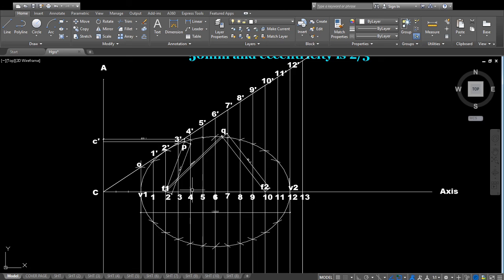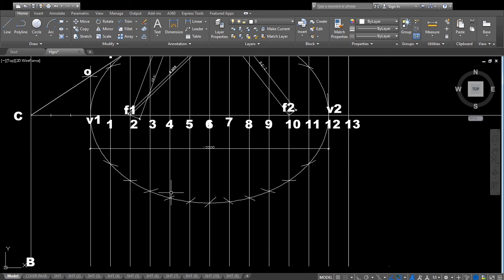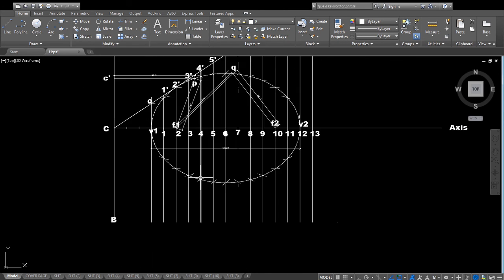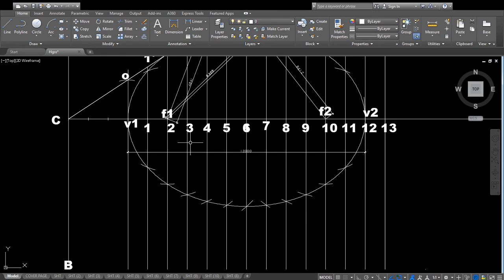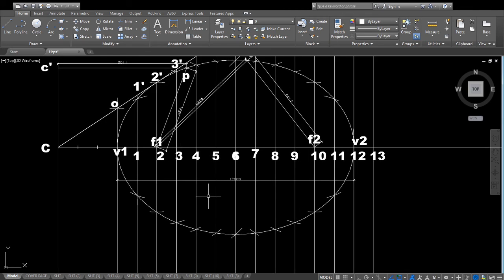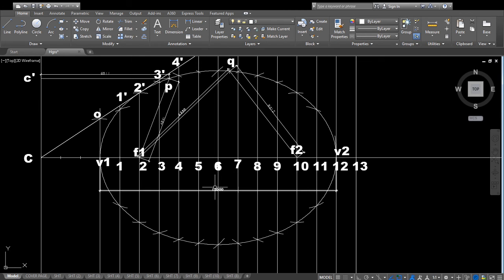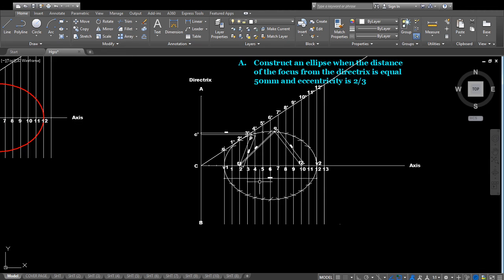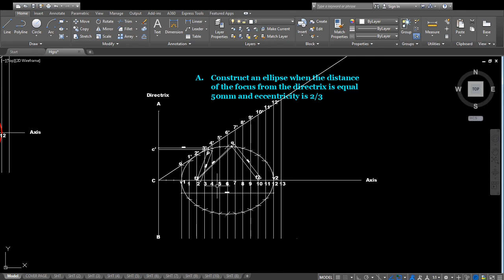The other thing is to draw a tangent and a normal to this ellipse. I think we'll look into that in a subsequent video.